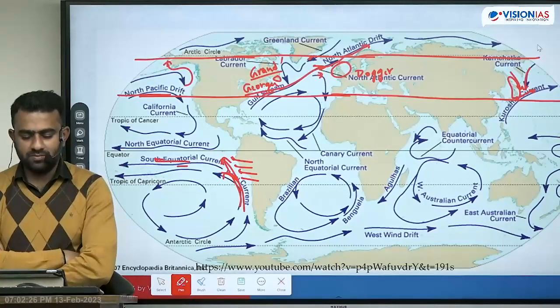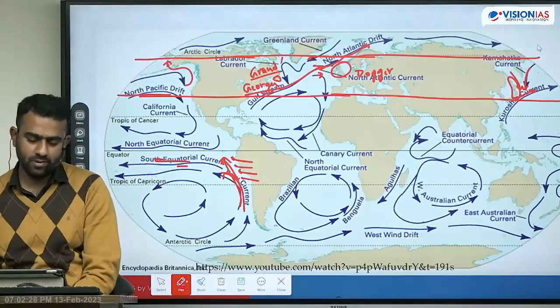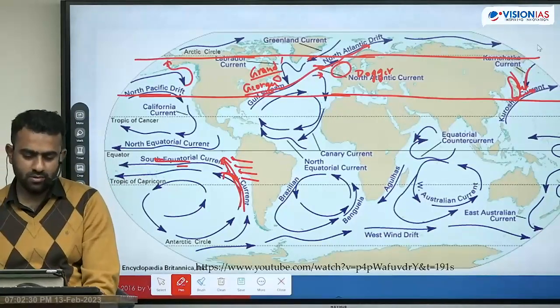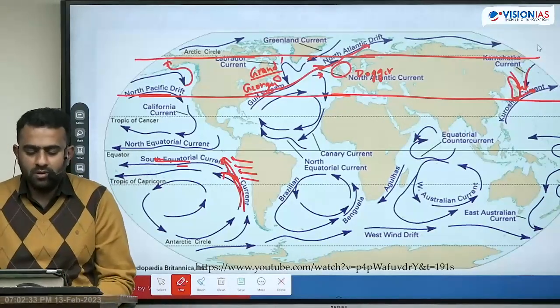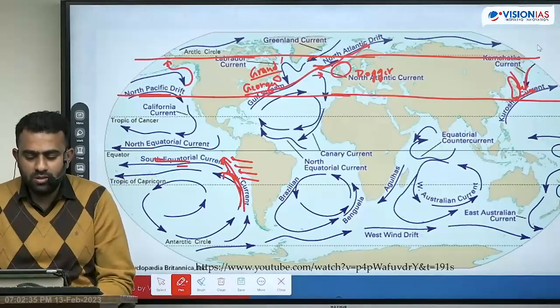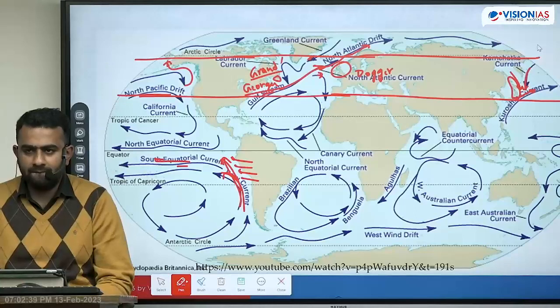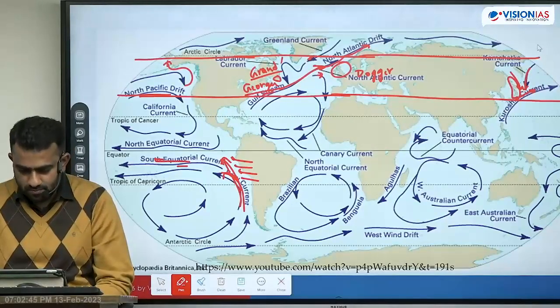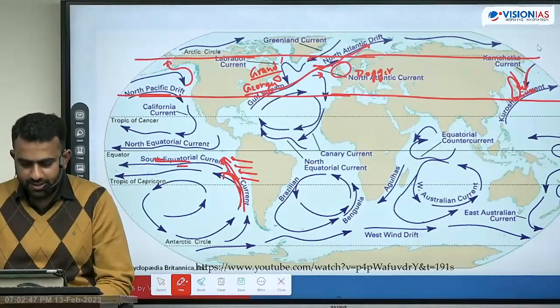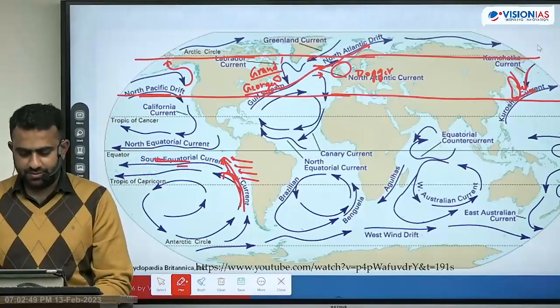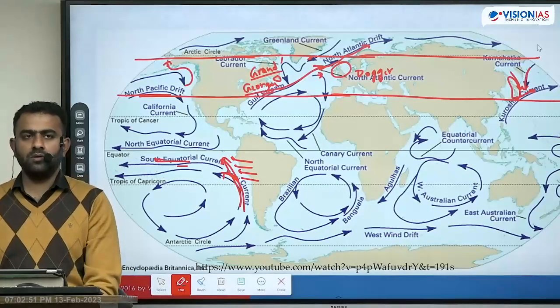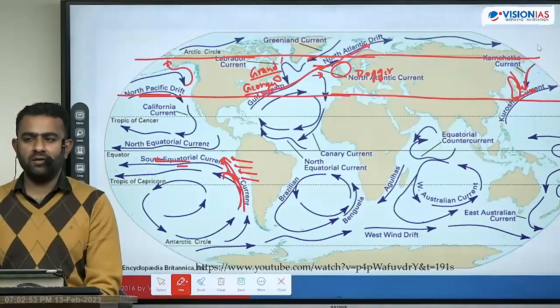This brings cold and nutrient rich water to the surface through upwelling.